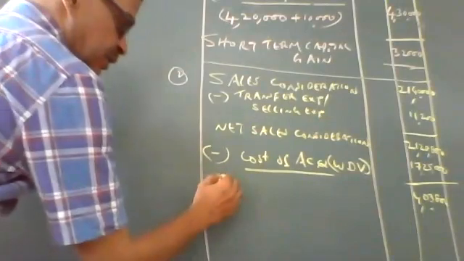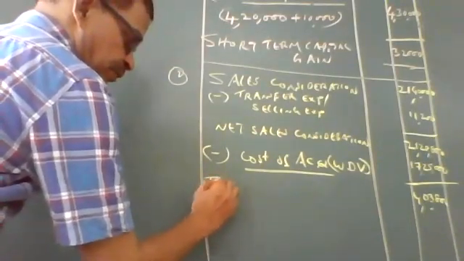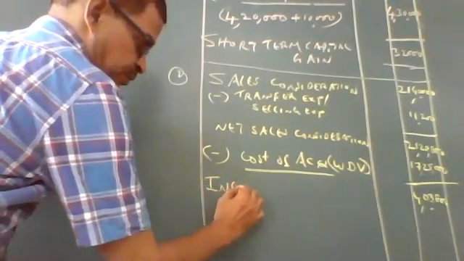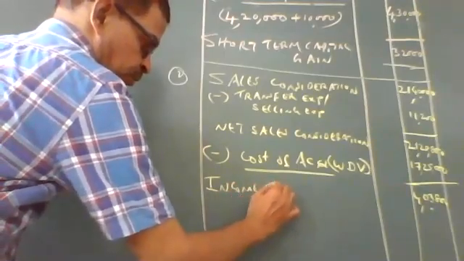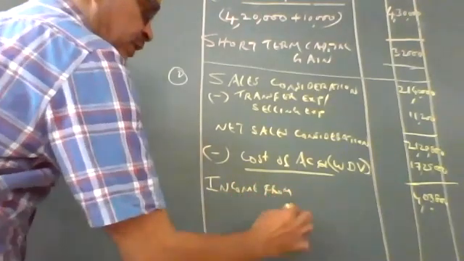You should write here income from short-term capital gain.